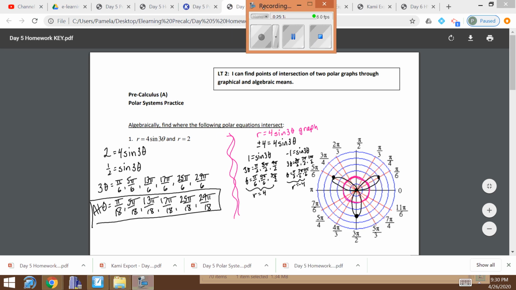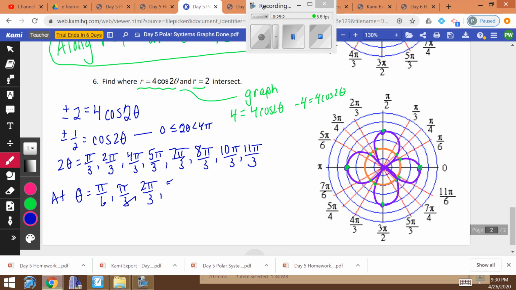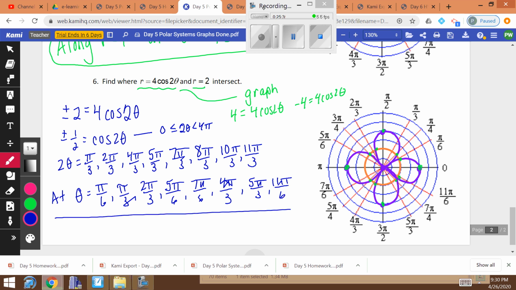At 5 pi over 6, at 7 pi over 6. If I reduce this one, that's 4 pi over 3, 5 pi over 3, and 11 pi over 6. Sorry, it is especially sloppy along the way, but you get the idea. And that gives us all 8 of our solutions there.